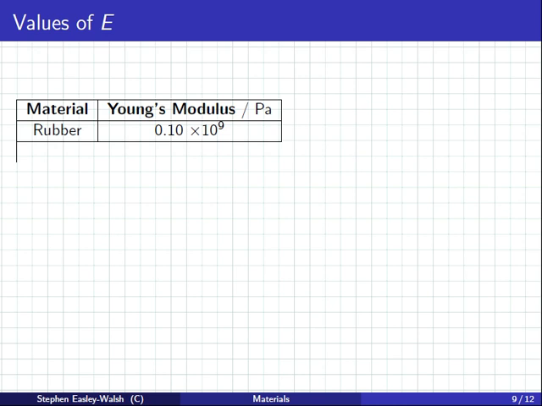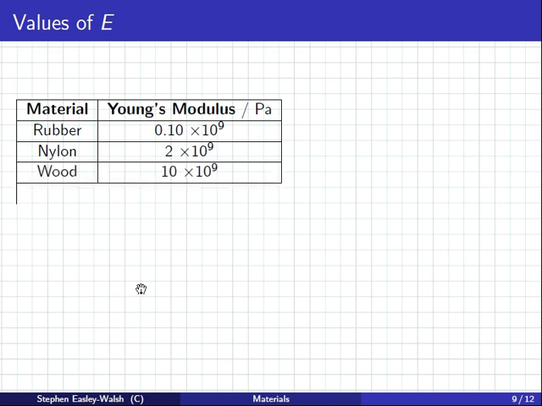Next material is nylon. You all know this material? Next material is wood. It's funny, there's not a big difference between wood and these materials. So wood is a little bit stretchy.